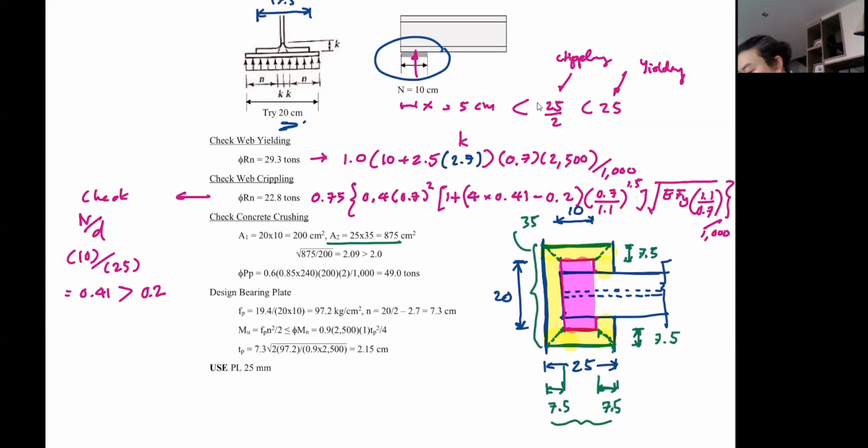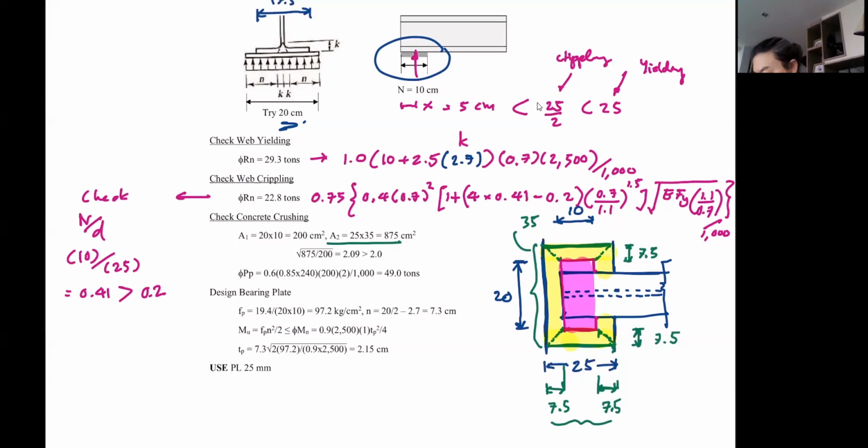Well, no. But again, we have to check the limit. And the square root of A2 over A1 is greater than 2. You can see because 4A1 is 800 square centimeter, right? Now you have A2 greater than that. So voila, you cannot go beyond that.